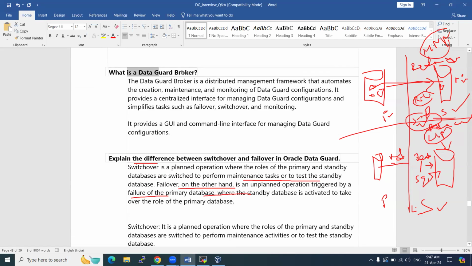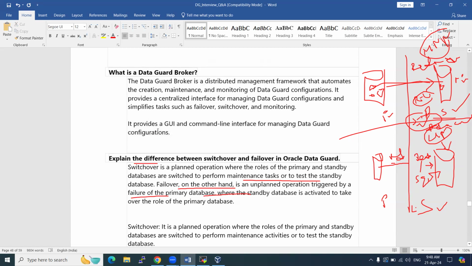And what is another question? What is a Data Guard broker? What is meant by the Data Guard broker, and why do we need to use it? It is one of the components in your Data Guard configuration. If you enable Data Guard broker, it is very easy to maintain the Data Guard configuration, switchover, failover activities, log transport, and log apply, and we can also use it through GUI mode.